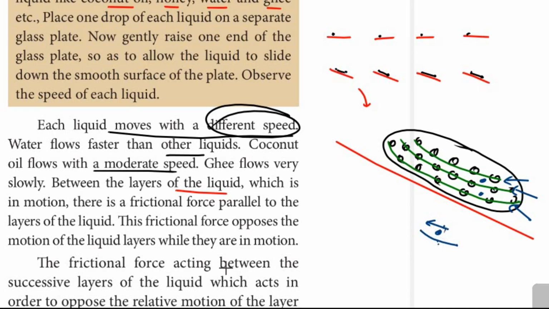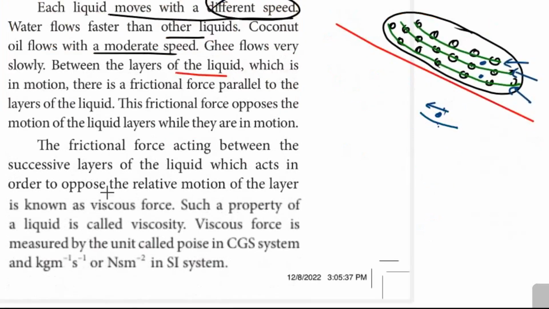This is the frictional force acting between the successive layers of the liquid, which acts in order to oppose the relative motion of the layers. Basically, friction just opposes motion, this we know. And here, even the liquids are not spared. In the case of liquid, the different layers try to resist the relative motion of another layer, and this is viscosity.